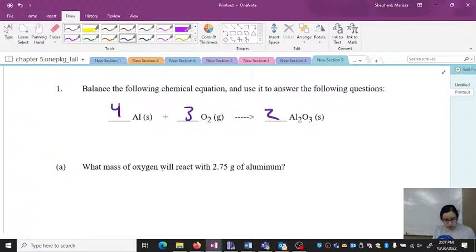You have to put the ratio for it. Is it kilograms? Yeah, so we'll have to go grams to moles of aluminum, and then we have our mole ratio here, so 4:3. I'll give everyone some more time though.